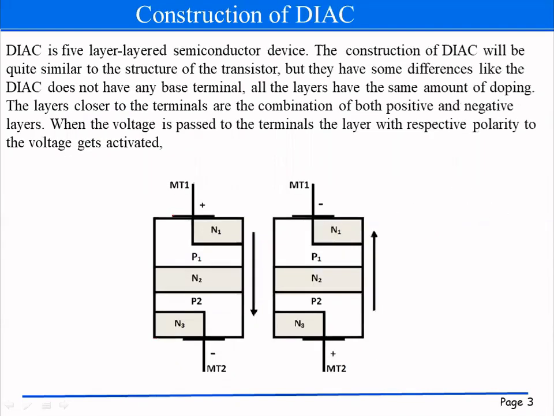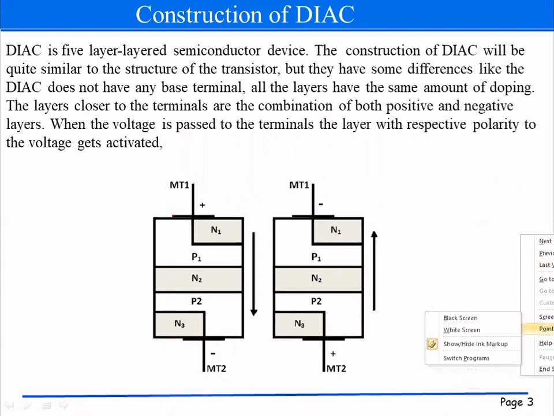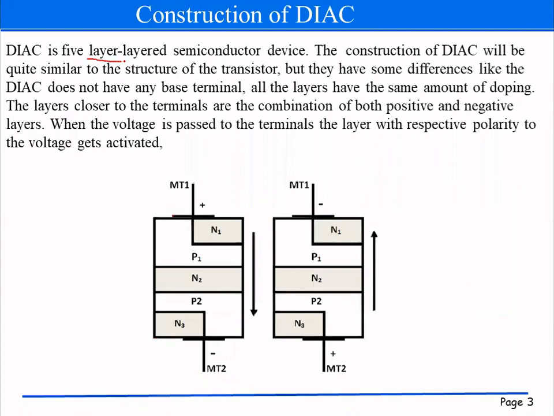Now, how is the diac constructed? This device is a five-layer semiconductor device. Which are these five layers? This is the first, second, third, fourth, and fifth.